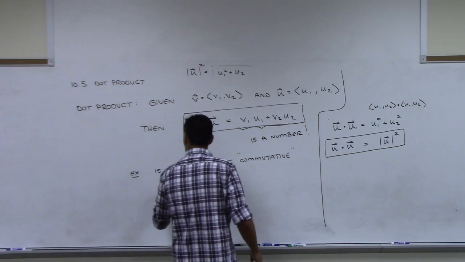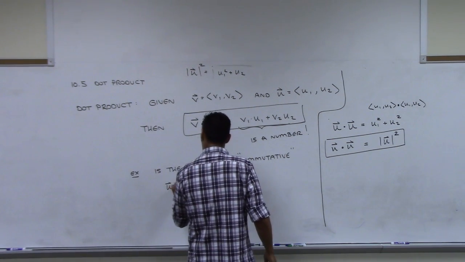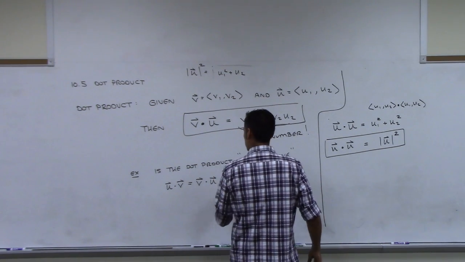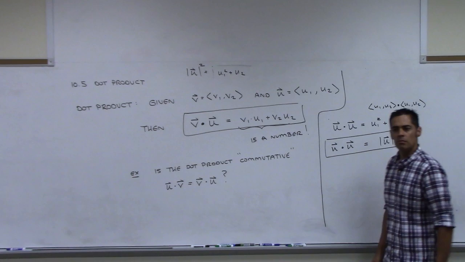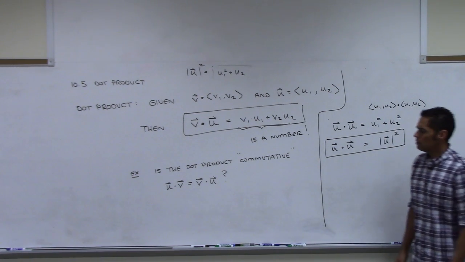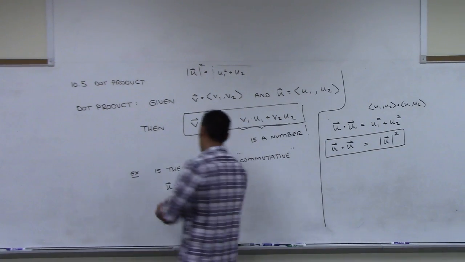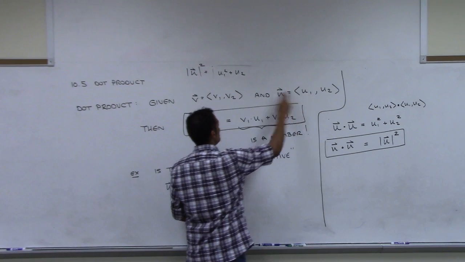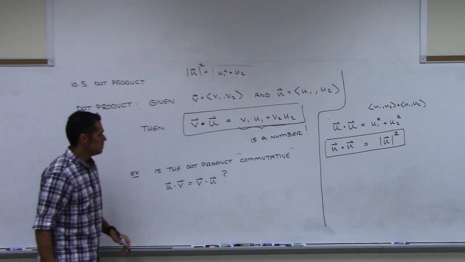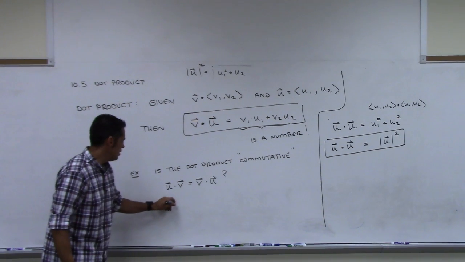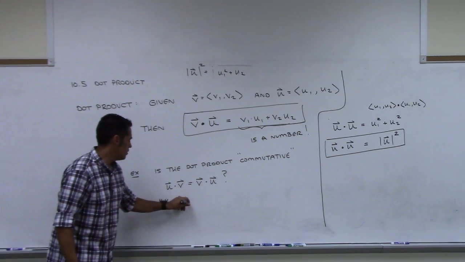Does u dot v equal v dot u? Question. Is that true? Should be. Because what would u dot v be? If I use the definition and I do this dotted with this, I should get u1 v1 plus u2 v2.